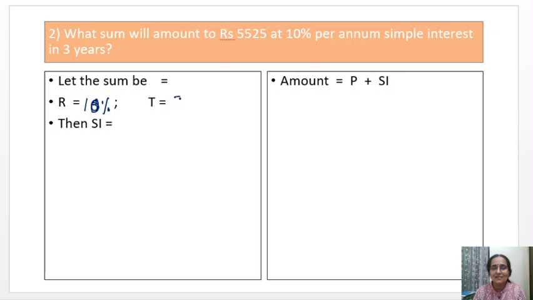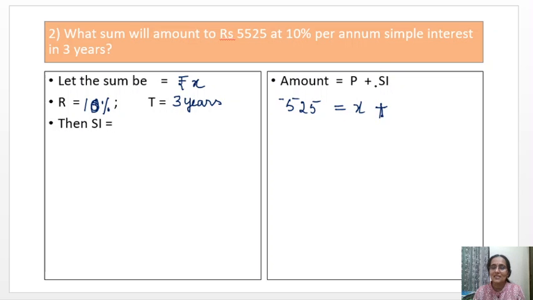Time is 3 years. Let the sum be rupees X. We don't know the principal amount. Amount we know, amount is rupees 5,525, P equals X, right? We don't know the simple interest.